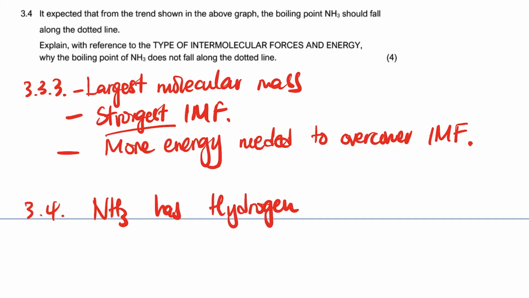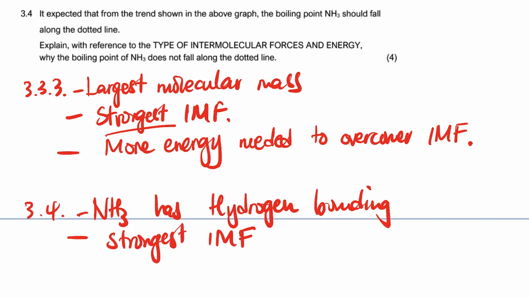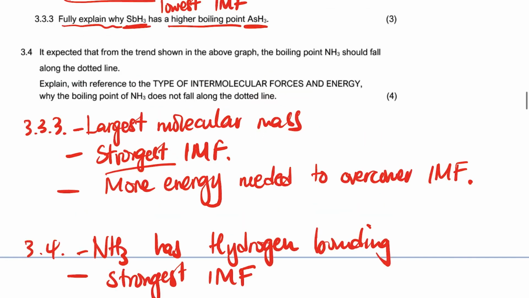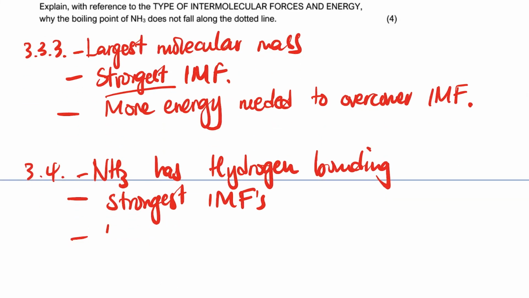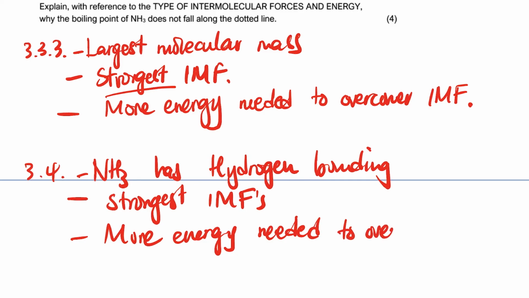That's what differentiates them. Having the hydrogen bonding means it will have the strongest intermolecular force. Guys, I was not saying this is the strongest out of all; since I was comparing between the two, it was the strongest between the two. So if it has stronger intermolecular force, that means more energy. Same explanation: more energy needed to overcome the IMFs, right?